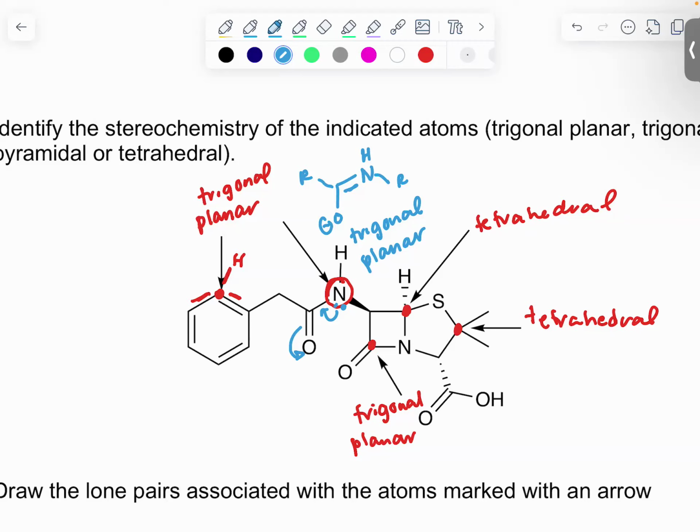No. If it was a carbon, it would be trigonal pyramidal. No, because of resonance. Other questions on this one?